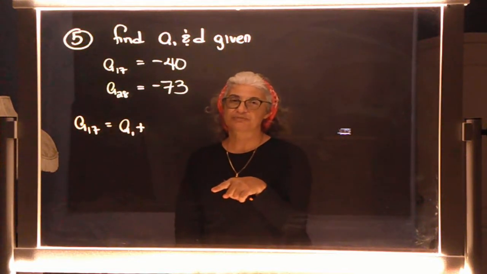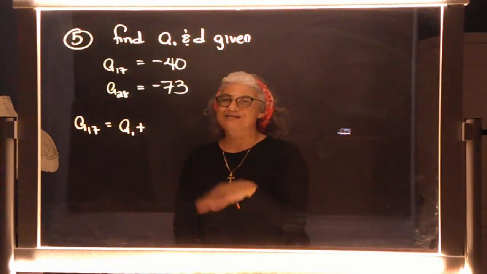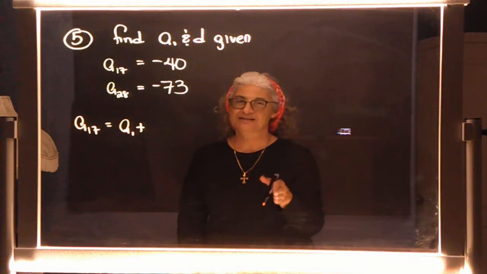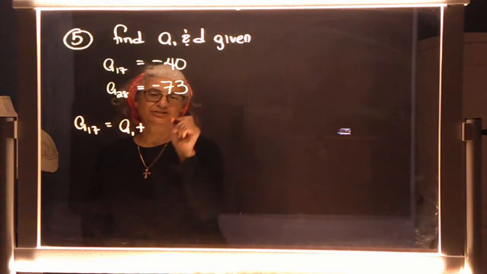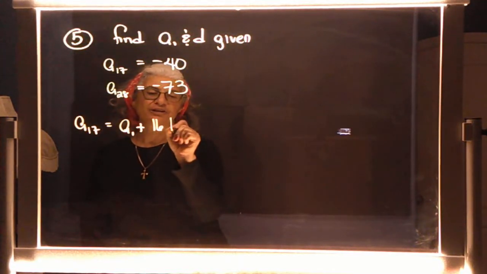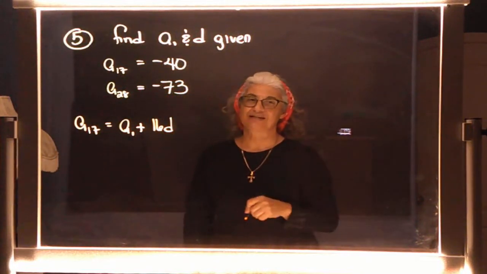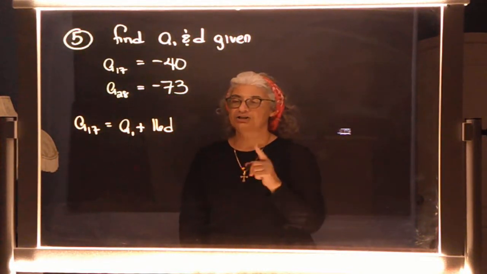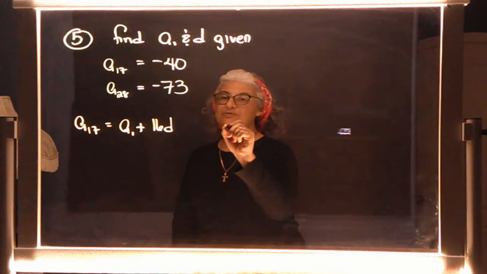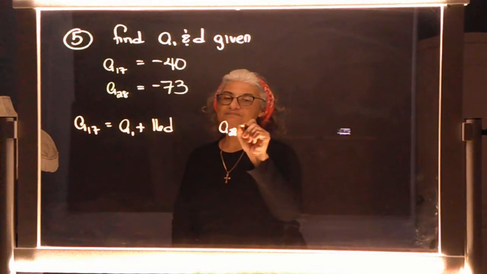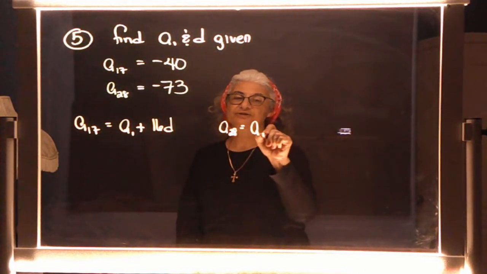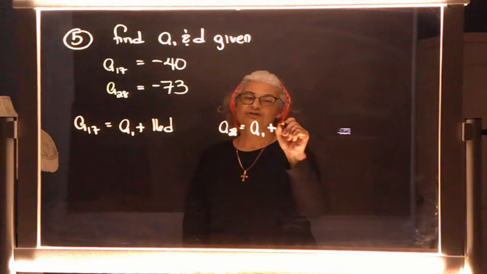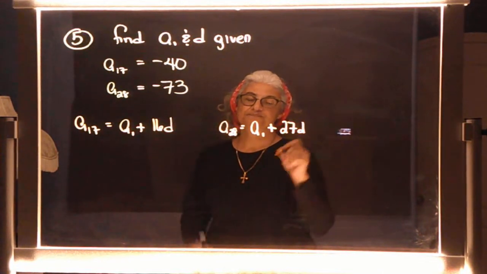It started on term number 2, which means the D is always one behind, isn't it? Which means to find term number 17, you're going to add 16 times D, right? And to find the 28th term, you're going to take the first term and add, good, 27D.